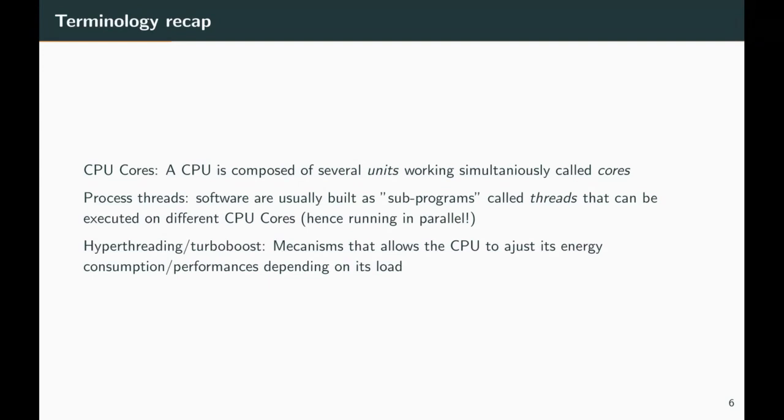I'm going to talk about process threads. Usually software is built as sub-programs called threads, and those threads can be executed on different CPU cores. So sub-parts of your program can be executed in parallel. And I'm going to talk about hyperthreading and turbo boost.